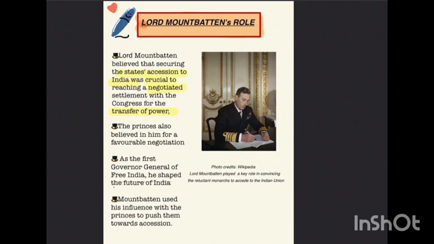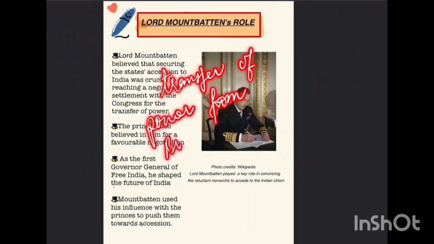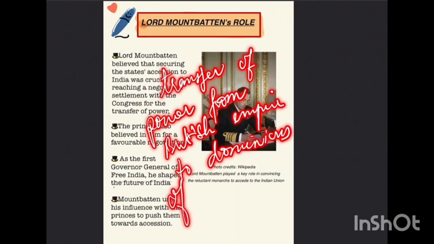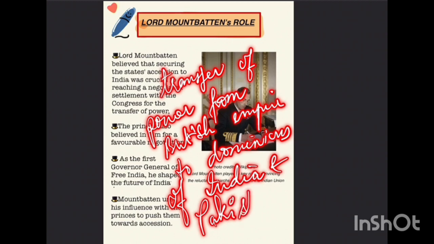In this context, we have to understand the role of Lord Mountbatten. He was the first Governor General of Free India. He had emphasized that the states' accession to India would be crucial to the transfer of power from the British Empire to the dominions of India and Pakistan.